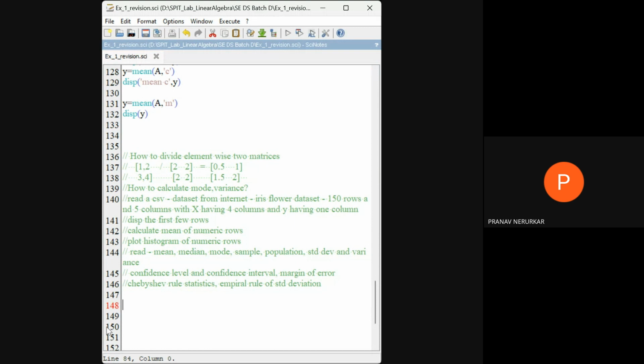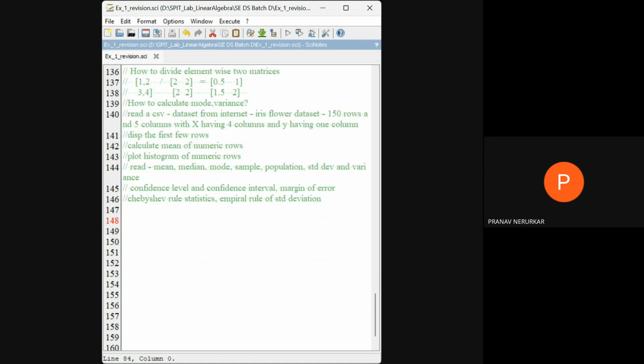Another place where the use of Scilab as a mathematical tool will be for performing some statistical tests.